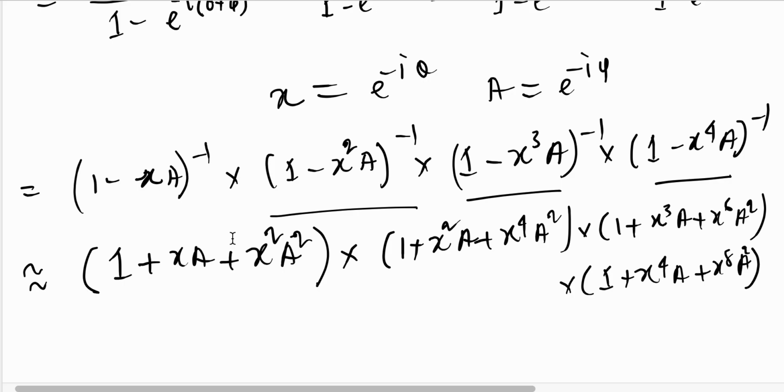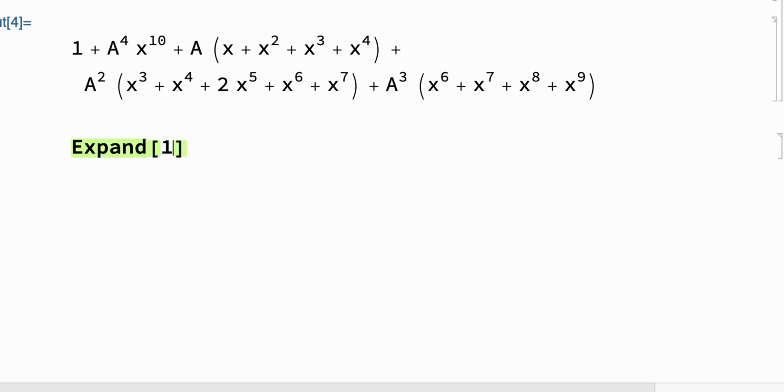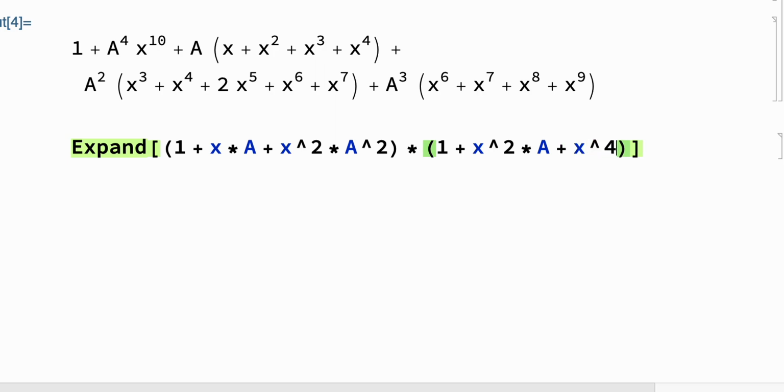So 1 plus xa plus x squared a squared, bracket, 1 plus x squared into a plus x to the power 4 into a squared, right?